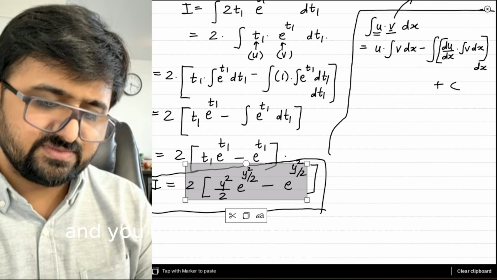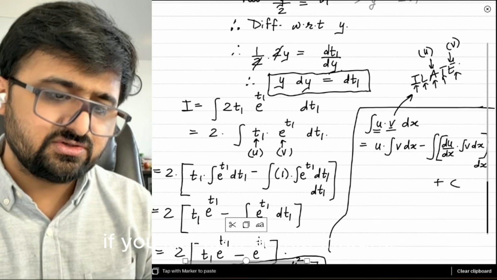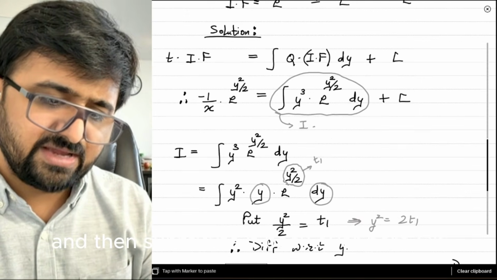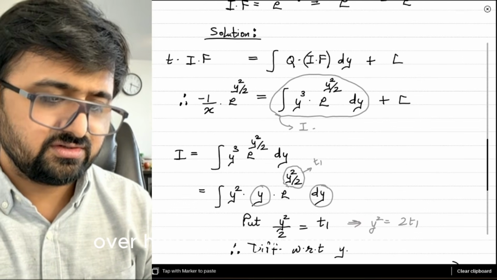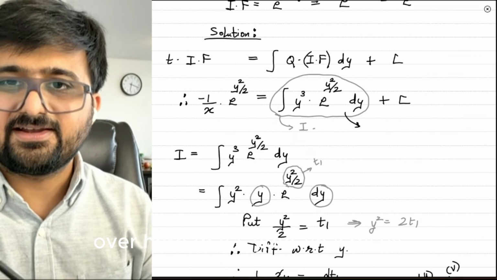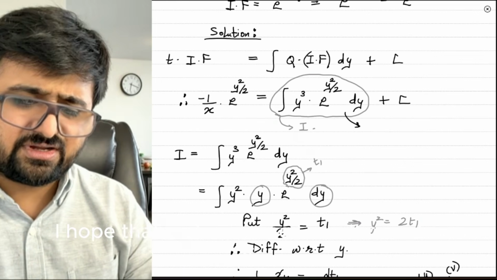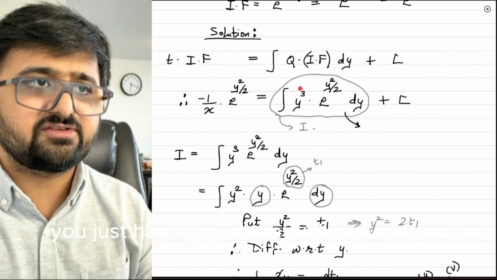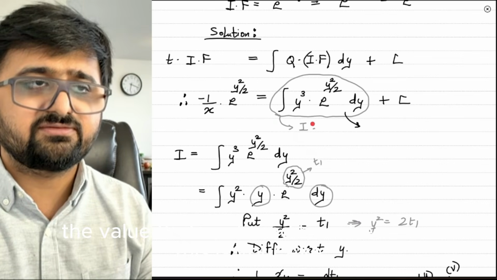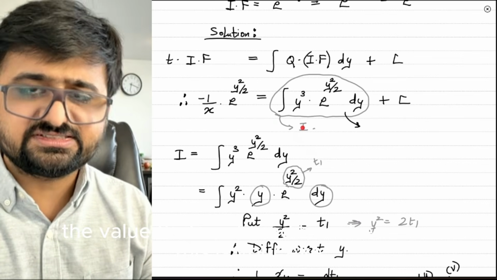I hope that is making sense. If you just look at that integral and then substitute it back over here, that's your final result. I won't rewrite it, but basically you just have to put that value over here, the value that we found here, because this is your I.